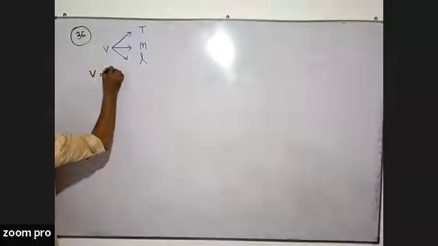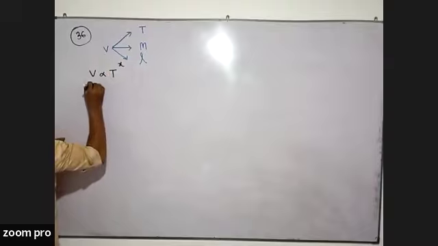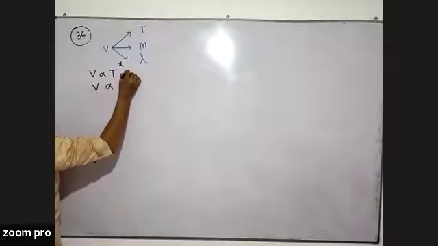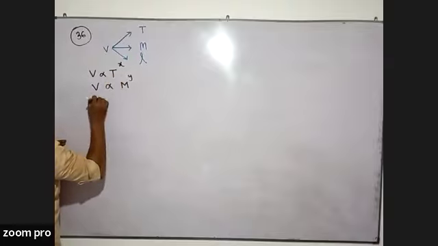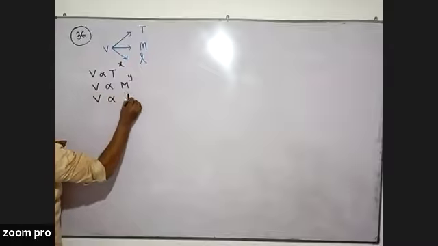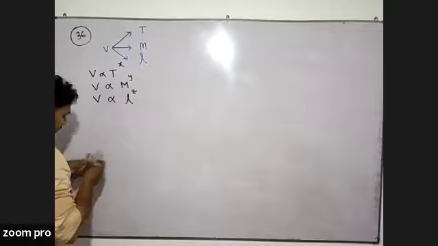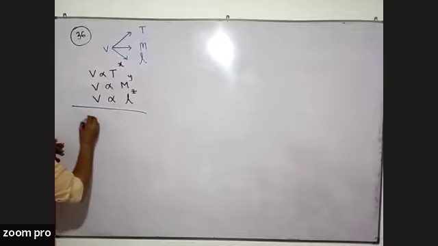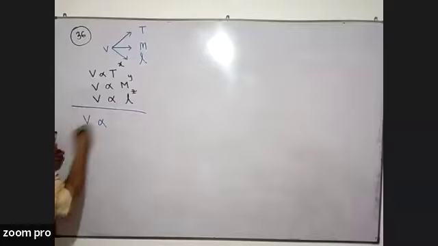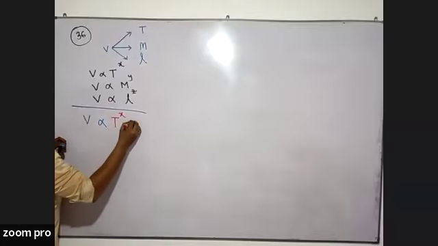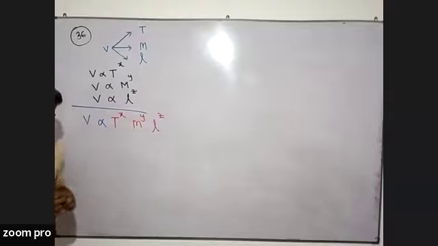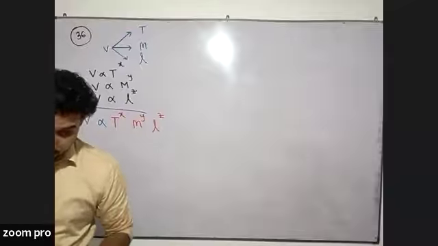That is, v proportional to T to the power of x, v proportional to M to the power of y, and v proportional to L to the power of z, right? If I combine these three expressions, we obtain v proportional to T to the power of x, M to the power of y, L to the power of z, right? So guys, this is the first step.